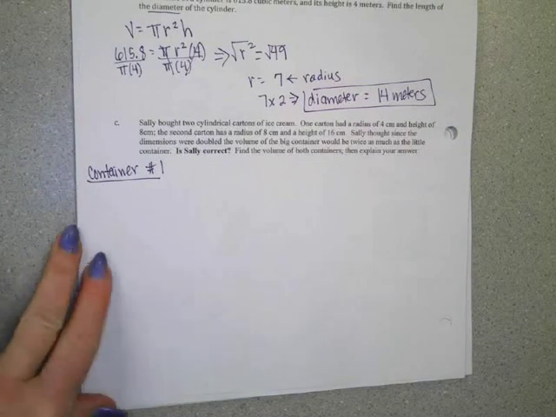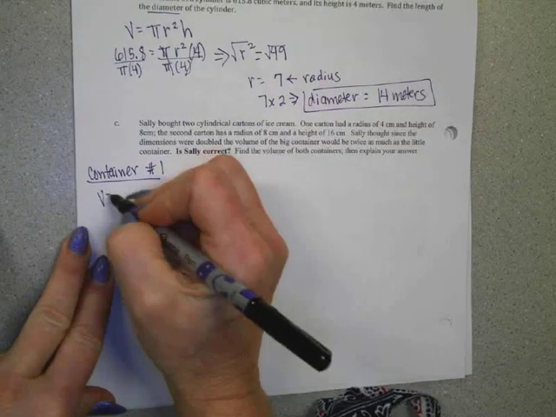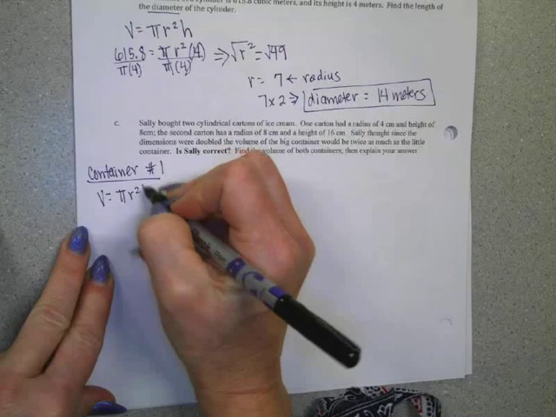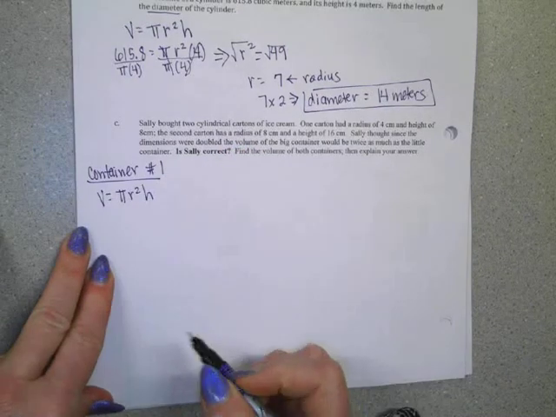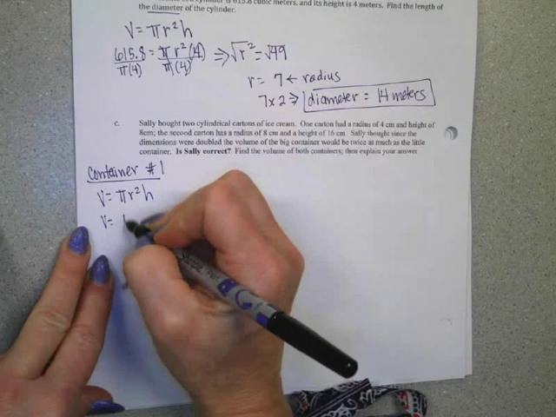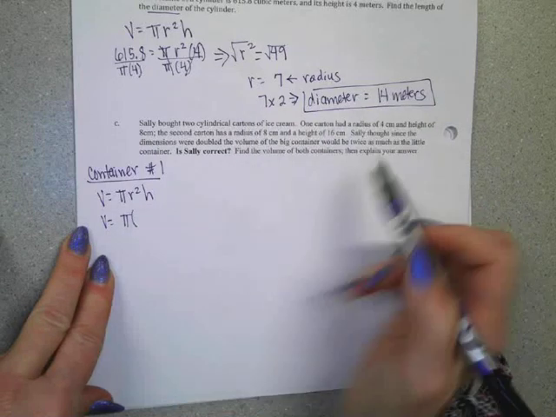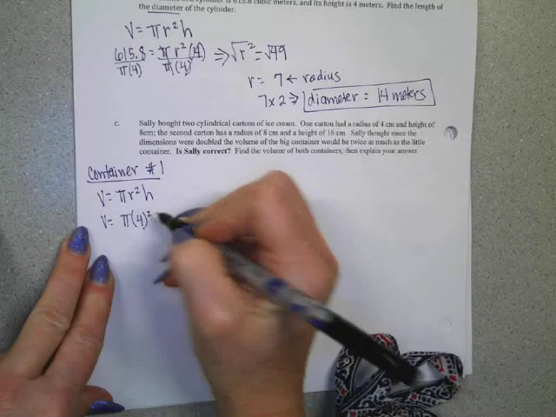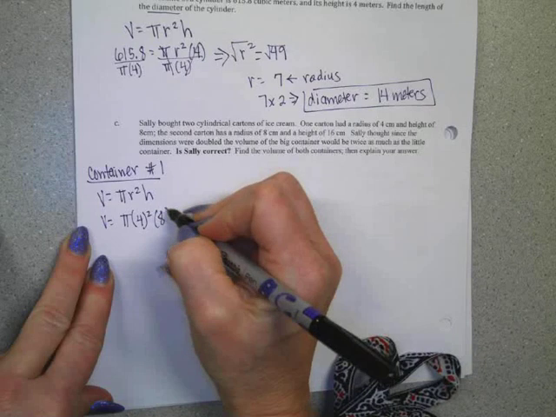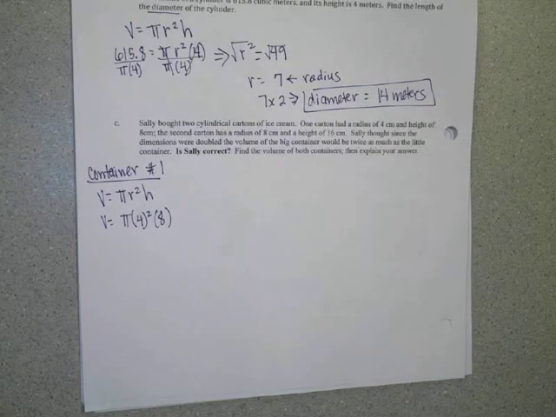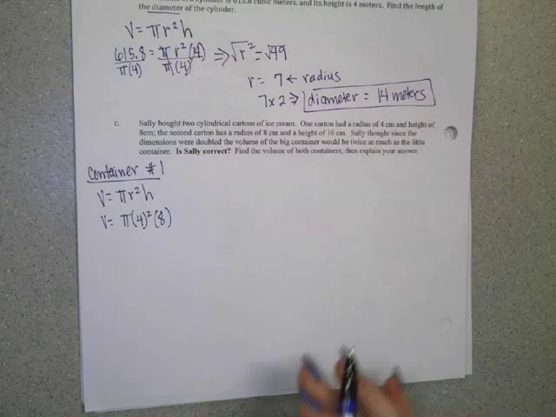Remember, it's a cylindrical carton, so that means pi r squared h. And on the first one, we have pi, and her radius was 4, and the height was 8. So that would give me, again, I can times it out.